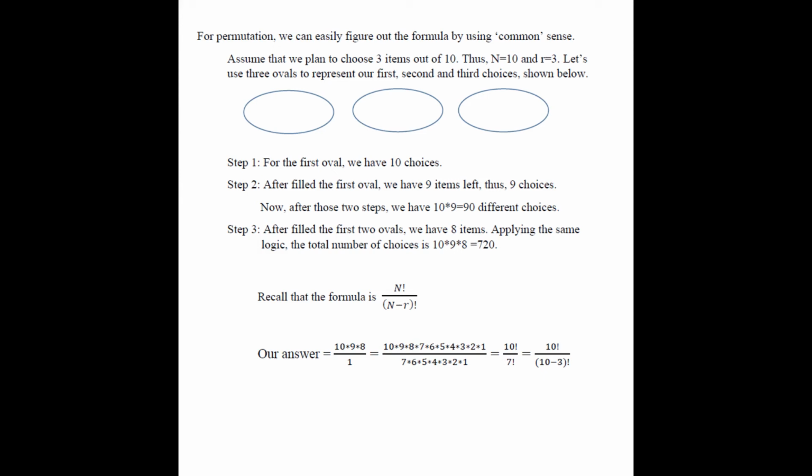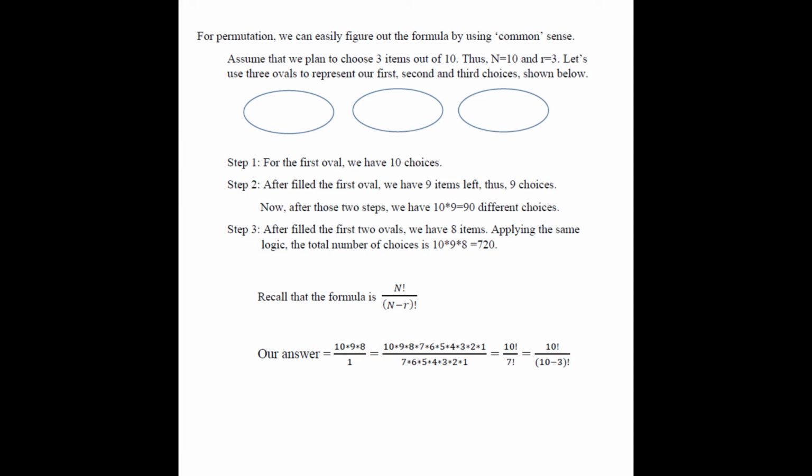Below, we use 3 ovals to represent our first, second, and last choices. The question is how many different combinations there are when order matters. For example, order matters means 1, 2, 3 and 2, 1, 3 are different.